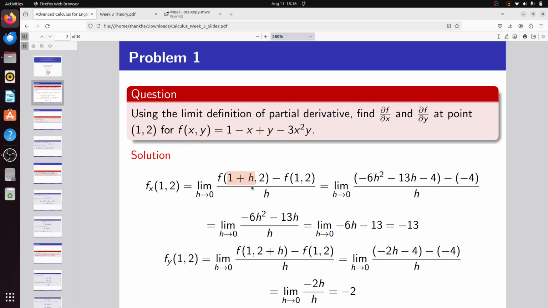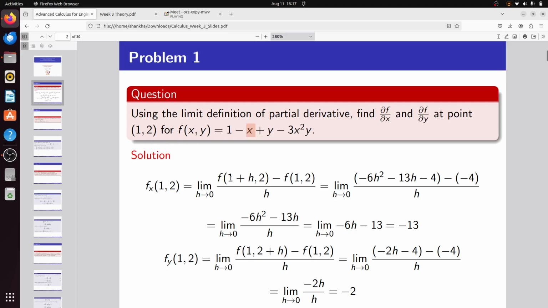So now you need to put 1 plus h instead of x, and instead of y you need to put 2. So what is the value of f of (1 plus h, 2)?